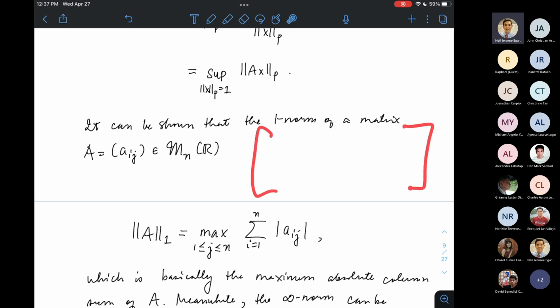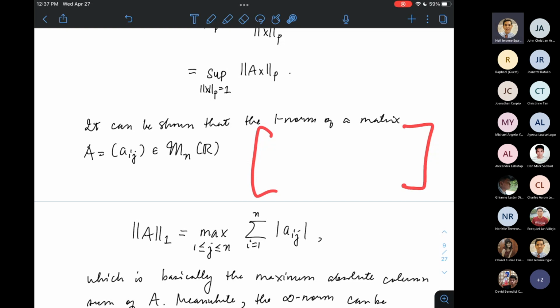So, halimbawa, meron tayo dyang matrix. Fix si j, tapos ang i going from 1 to n. So, kukunin ko tong sum na to. Ito yung corresponding para kay j equals 1, kasi first column. Tapos, ito yung corresponding para kay j equals 2. Ito yung corresponding para kay j equals 3, and so on. Alright?